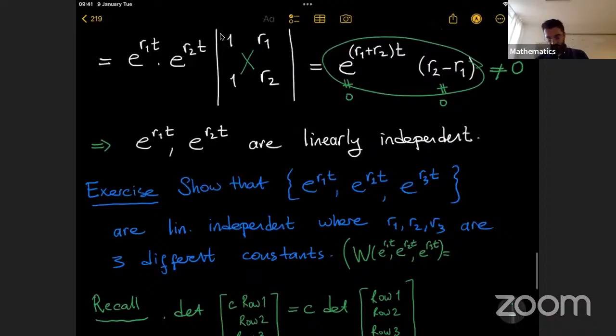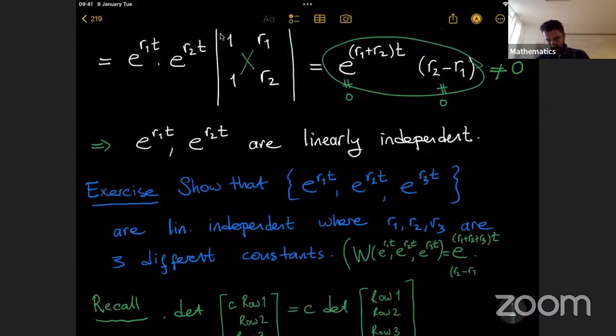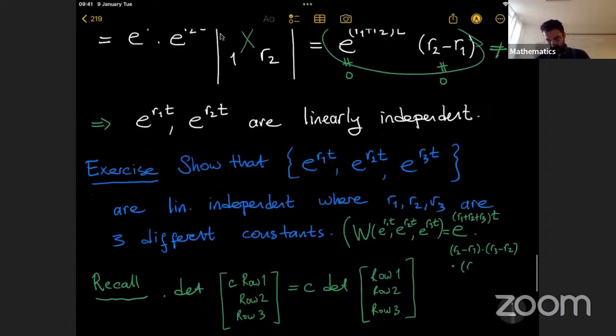It's going to be e^((r1+r2+r3)t) times (r2 - r1) times (r3 - r2) times (r3 - r1). And again, r1, r2, r3 are all different. That means the Wronskian is non-zero in this case as well.